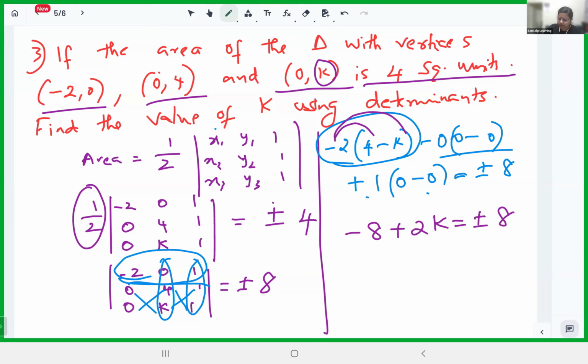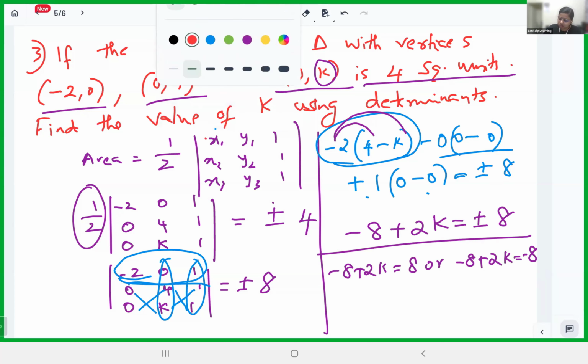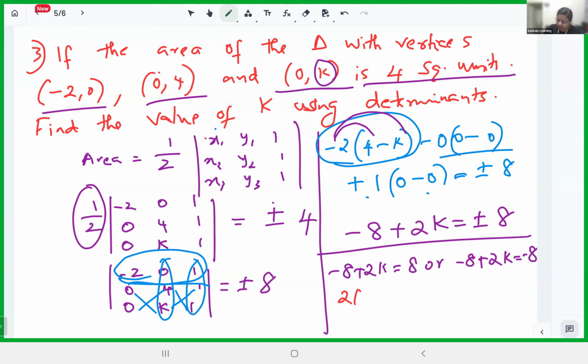So two values will exist, right? So minus 8 plus 2k can be 8, right? Or minus 8 plus 2k can be minus 8. So 2k will be 8 plus 8, if I take this minus 8 to the other side. So 2k can be 16, which means k can be 16 by 2, that is equal to 8.